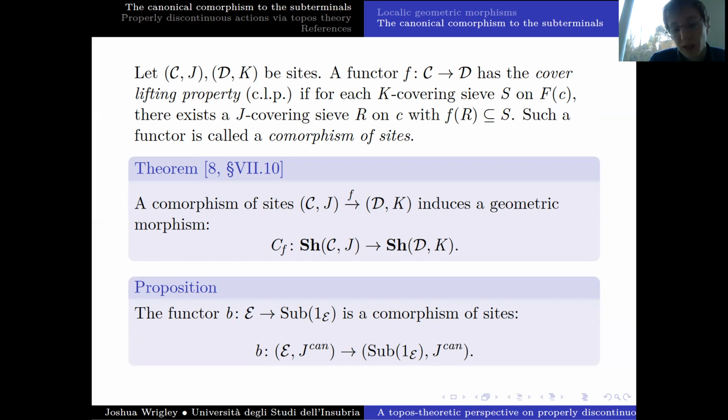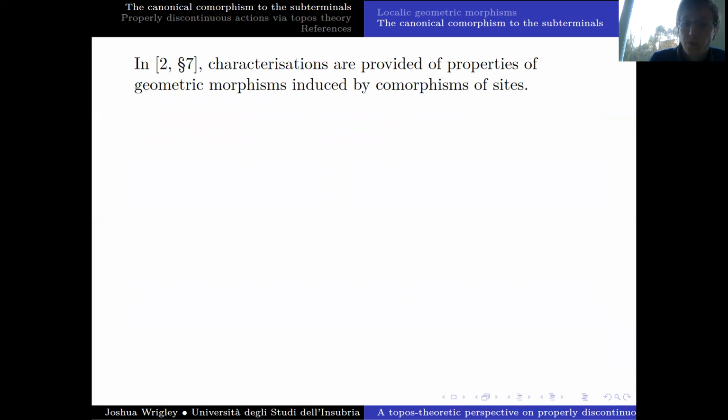I'll move on to making it site theoretic in just a moment, but first let's notice some nice properties of this comorphism of sites. In Professor Caramello's denseness conditions paper, a lot of site-theoretic characterizations are provided of properties of geometric morphisms induced by comorphisms of sites.